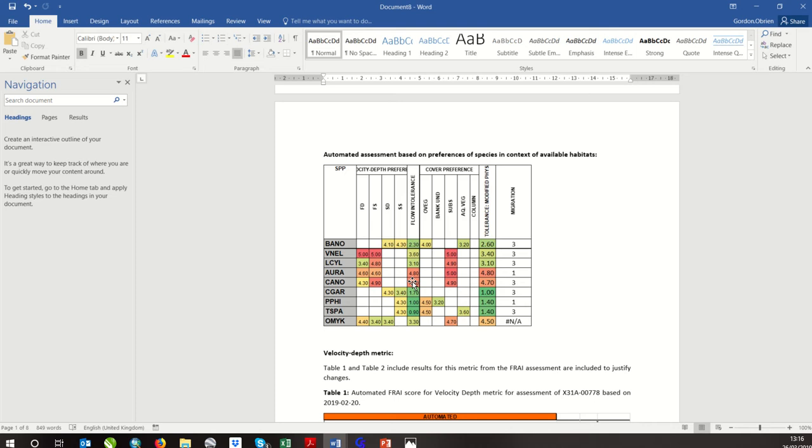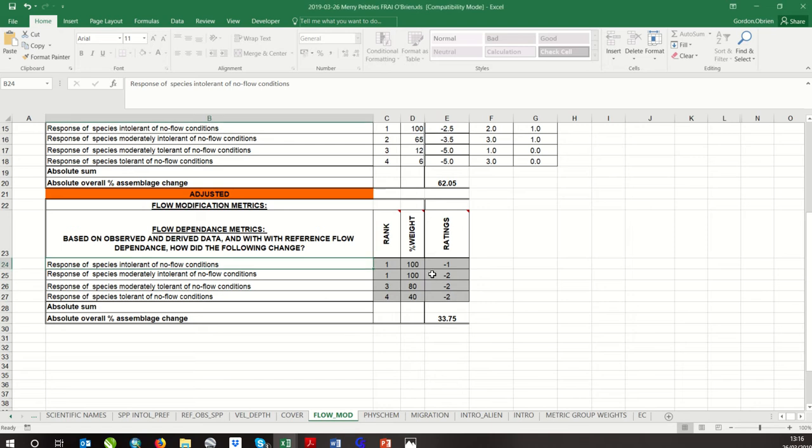We've lost the Amphilis, but you definitely still have lots of Chiloglanus. So the issue there then is it's not this flow intolerance thing. So what I've done as a result is said, okay, what is the response of the species to no flow conditions? And erring on the side of caution again, I've suggested that there's been a slight change because I've lost Amphilis only, and then probably a slight change to the rest. But you would have lost this one first.